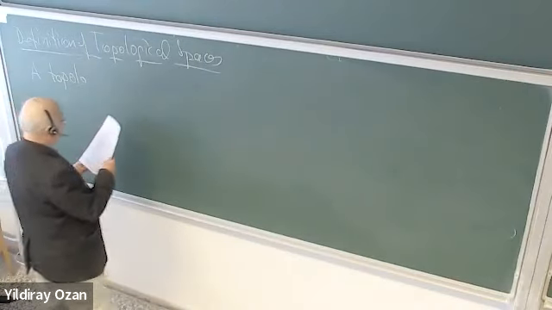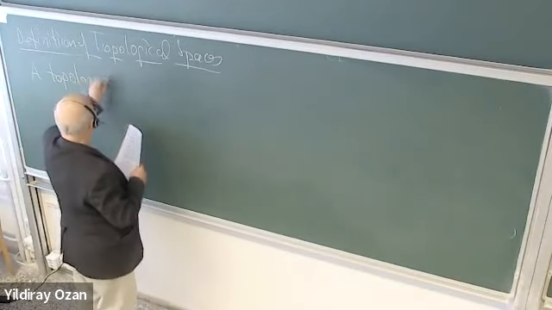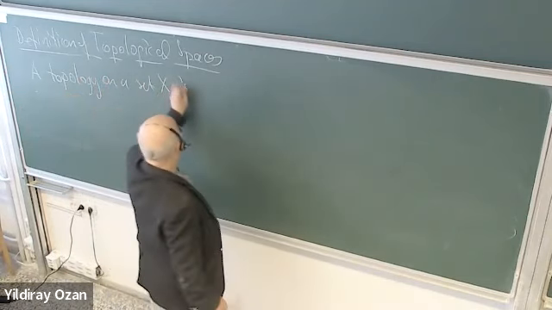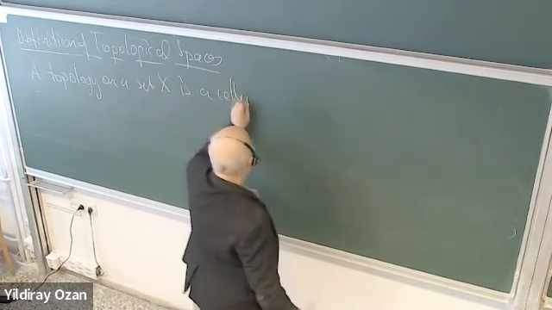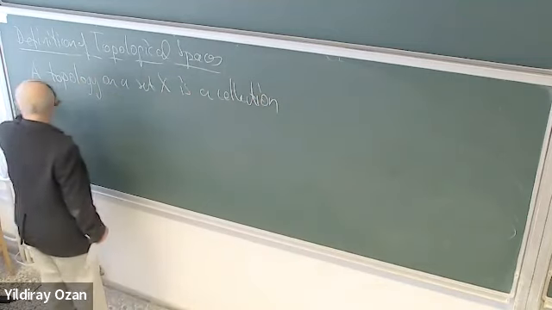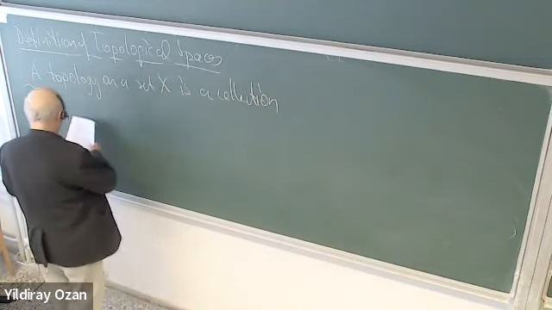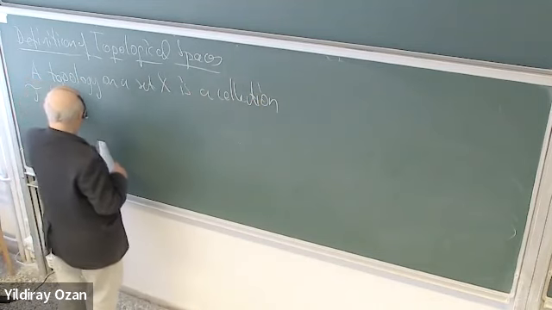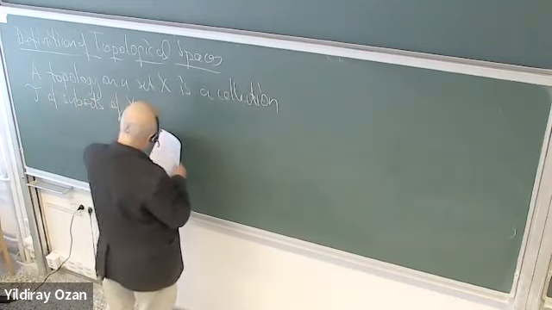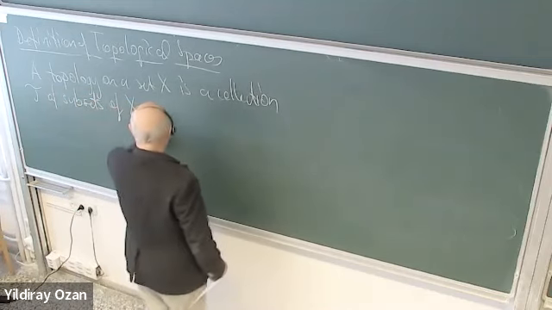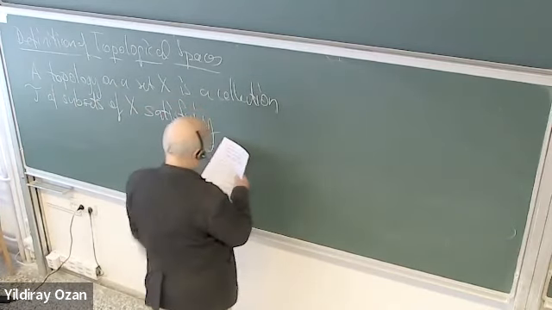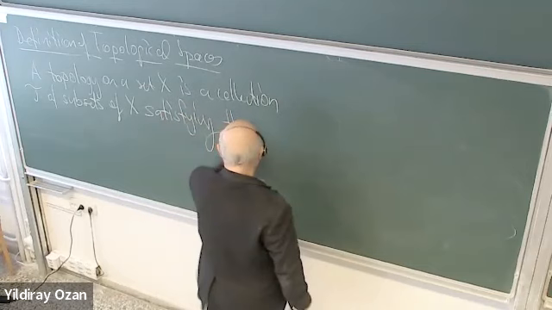A topology on a set X is a collection, let's call it tau, of subsets of X satisfying the following axioms.